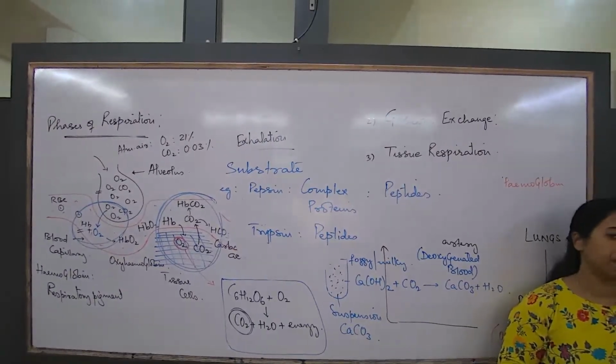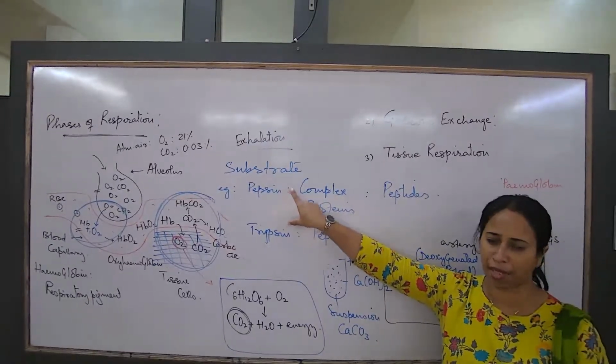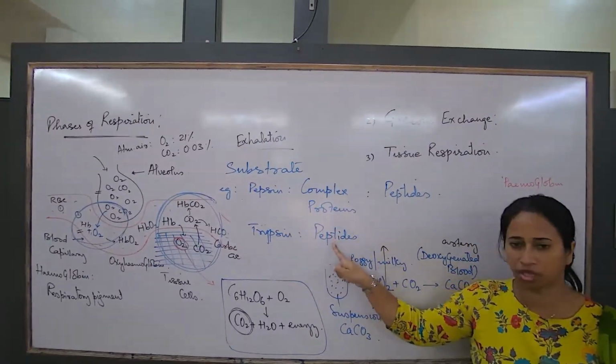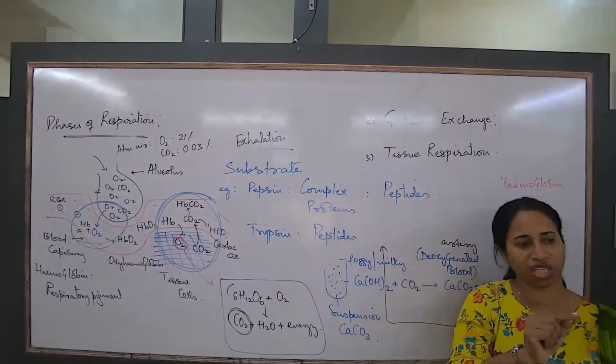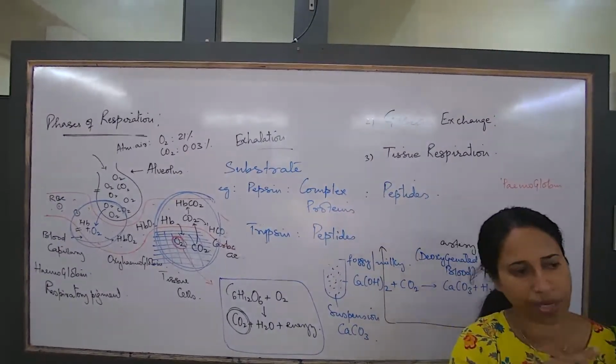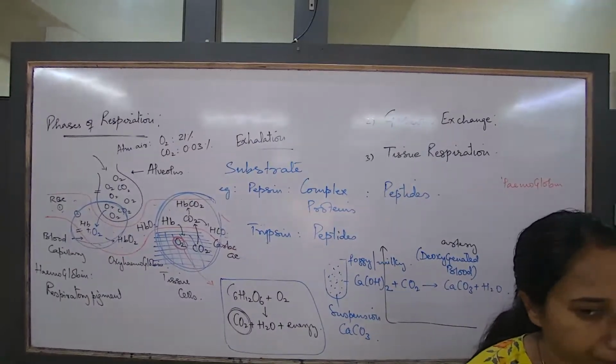Full stop. So here you are mentioning that both are protein-digesting enzymes, but pepsin will not act on this and trypsin will not act on this. For one specific enzyme, there is only one specific substrate. Okay? Go ahead.